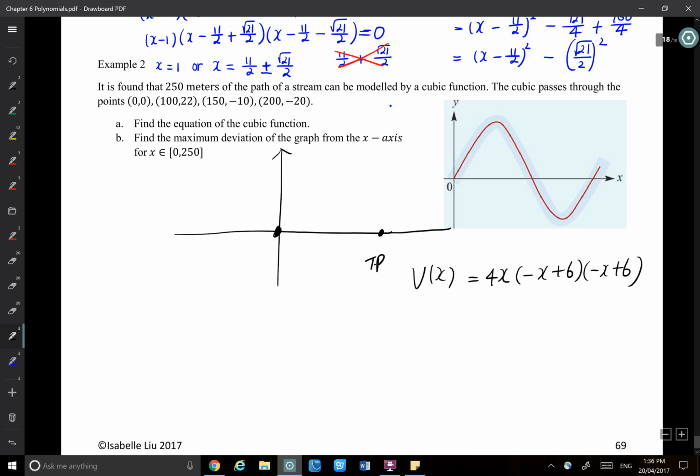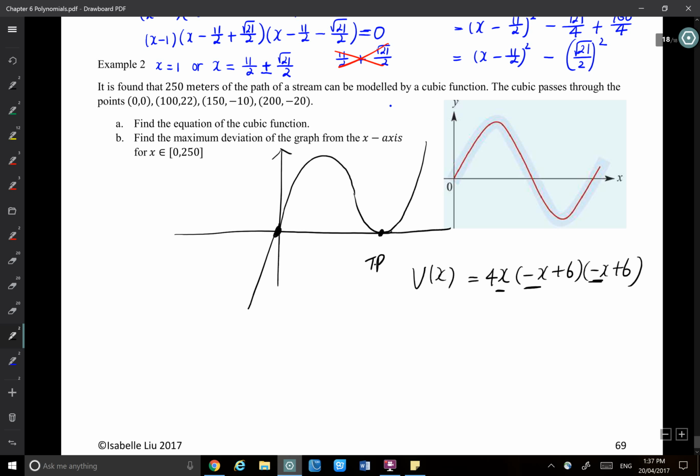My question is, does this graph start from the right top or right bottom? Top, top, top, all agree, top. Okay, you have x, you have a minus x, you have a minus x. If you times them all together, that gives you a positive x cubed. So your graph will start from here.